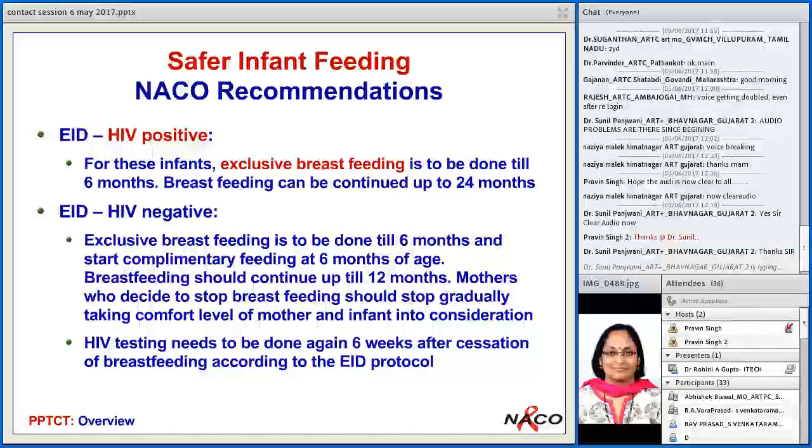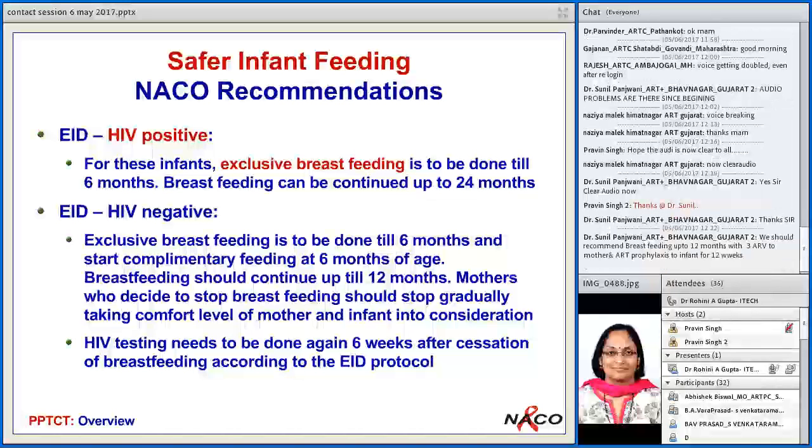If the baby comes out to be negative at 6 weeks, then it is repeated at 6 months. We start the baby on complementary feeding after 6 months, and we can continue breastfeeding up to 12 months. And gradually we wean the baby off milk. It's not a sudden weaning, but remember, we should stop breastfeeding only when substantial nutritious food is being taken by the baby.